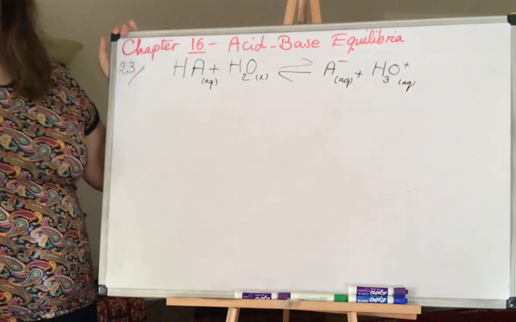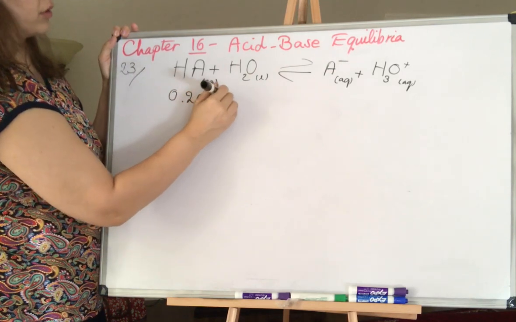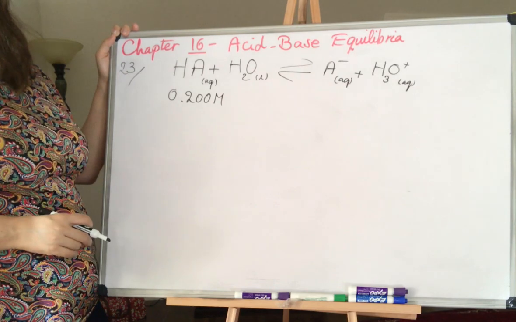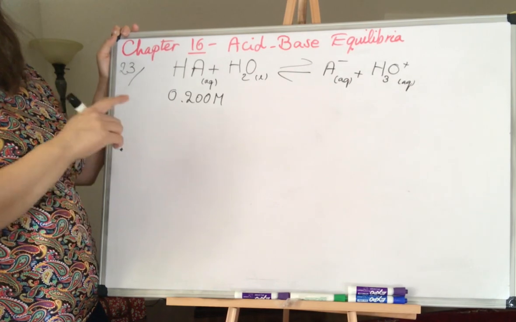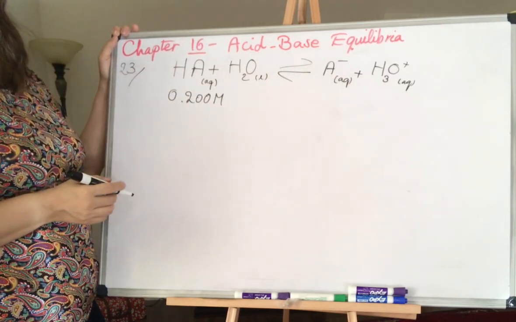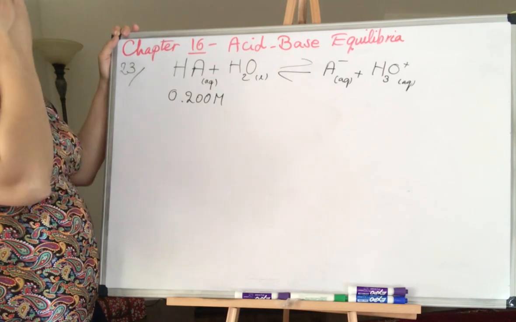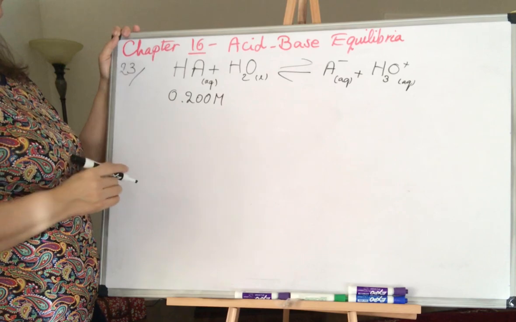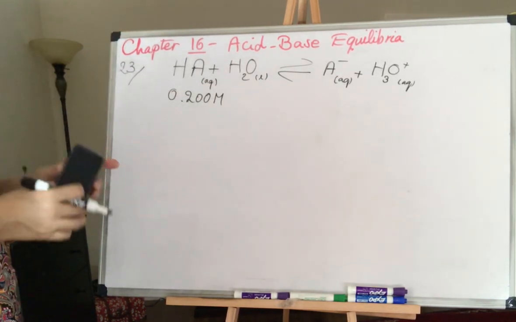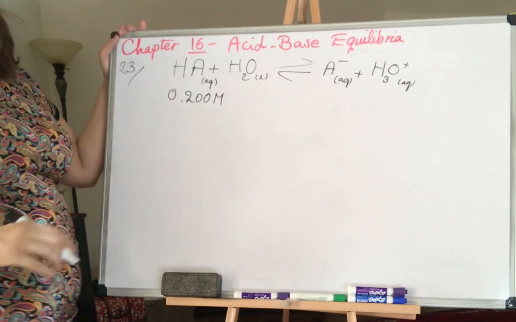So the question is saying we have a 0.2 molar solution of this acid, and we want to find out the concentrations of this acid, hydronium ion, and this anion at equilibrium, and then find out the pH of the solution. As you pay attention to the PowerPoint slides, it's using the same equation. We're not going to confuse ourselves with the formulas. We don't want to make it difficult for ourselves.